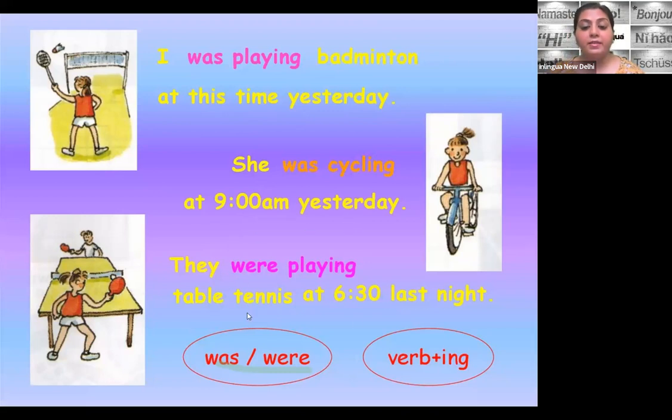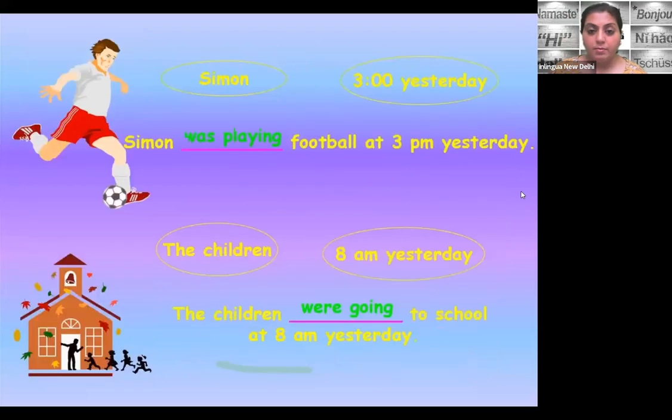They were playing table tennis at 6:30 p.m. last evening or last night. Again, reminder of the structure of the sentence. Was and were plus verb with ing. Okay. Another example. Simon was playing football at 3 p.m. yesterday. The children were going to school at 8 a.m. yesterday.